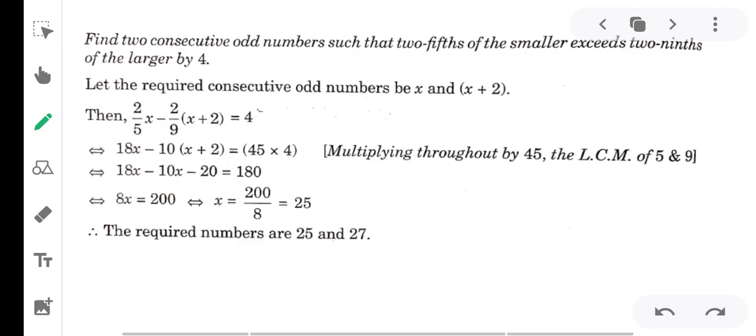Okay, so we need to find two consecutive odd numbers such that 2/5 of the smaller exceeds 2/9 of the larger by 4. So let the required consecutive odd numbers be x, which is smaller, and the other odd number x plus 2. Now according to the question, 2/5 of the smaller number x, so 2/5 of x, exceeds, that means this one is greater, 2/9 of the larger.